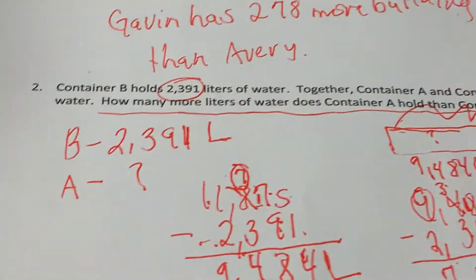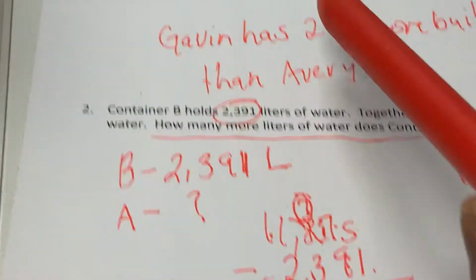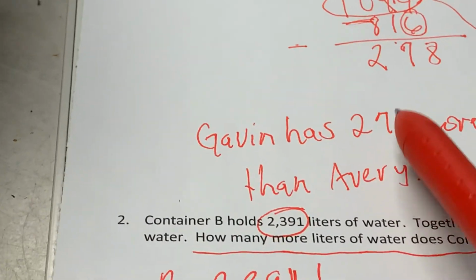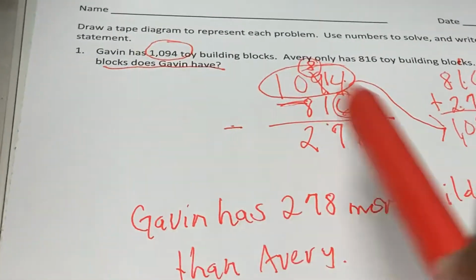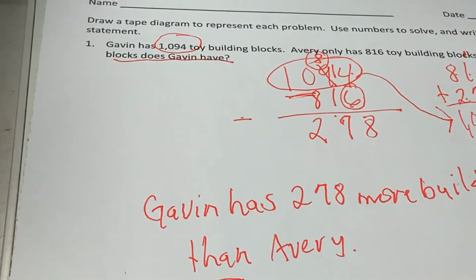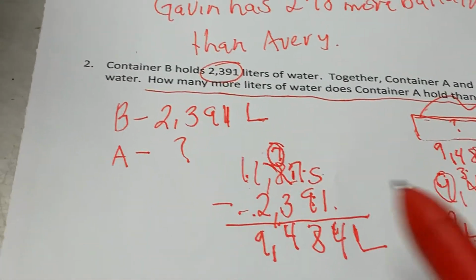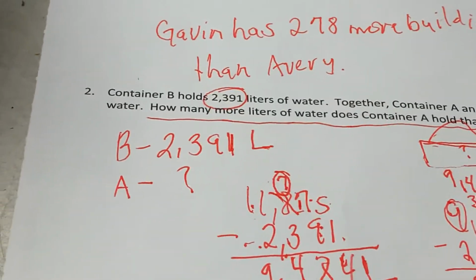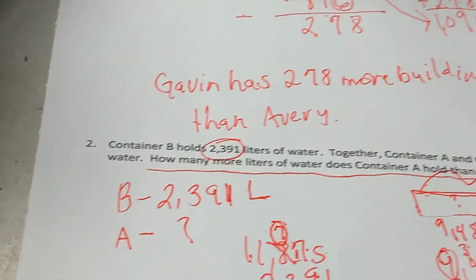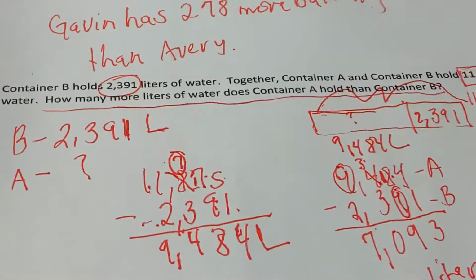This was a multi-step problem. A was pretty straightforward. Number 1 was pretty straightforward. You just had to subtract to find out how many more Gavin had than Avery. But on B, notice, guys, we had to figure out one part of the problem first in order to help us answer the question.